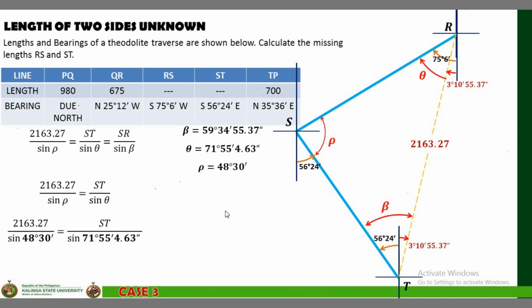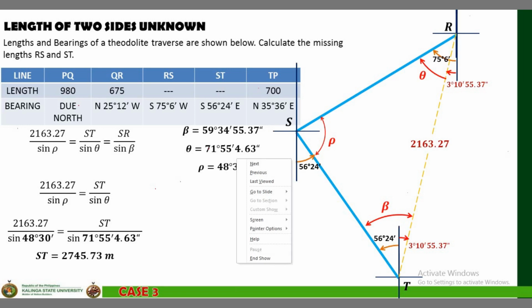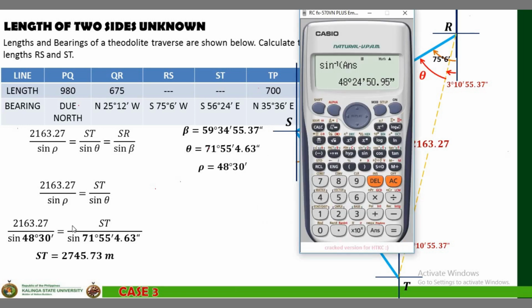I just substitute the values, and the value of ST that I get is equal to 2745.73. It's simply cross multiplication: 2163.27 multiplied by the sine of 71 degrees, 55 minutes, 4.63 seconds, then divide by the sine of 48 degrees, 30 minutes.